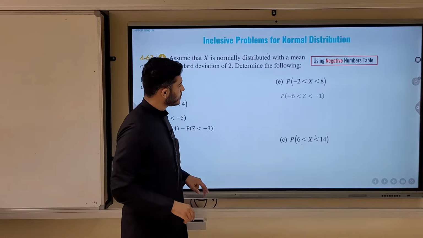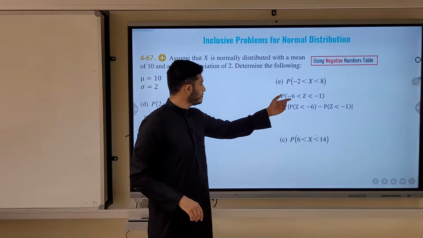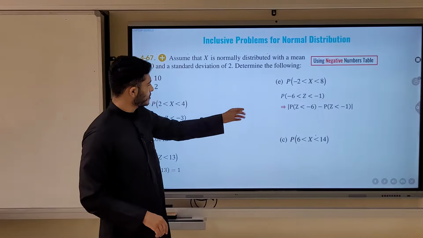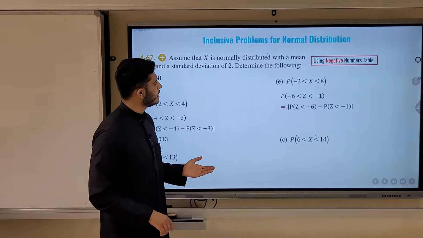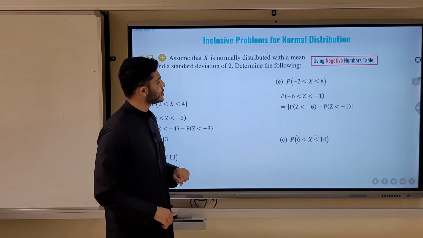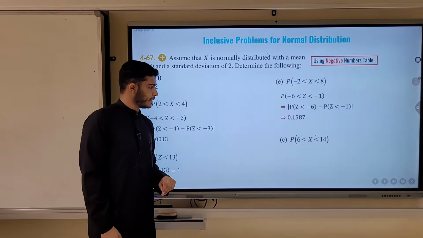The next one, same idea as this one. So we do the same procedure here. We standardize first, then we take the cumulative of the bigger number minus the cumulative of the smallest number. By the way, I'm putting the absolute value. I can get away with doing it. I have explained it before. So go look for these values straightforwardly from the table, and you should end up with this answer at the end.